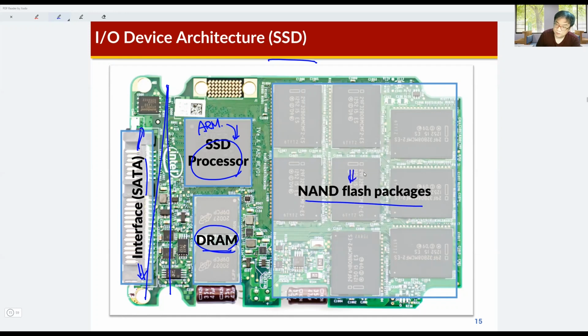This NAND flash memory is used as the main storage media inside of the SSD. The ARM processor can run software, that is the firmware of the SSD. In order to run this firmware, the SSD has its memory system like DRAM or SRAM, so it's a cache memory here.